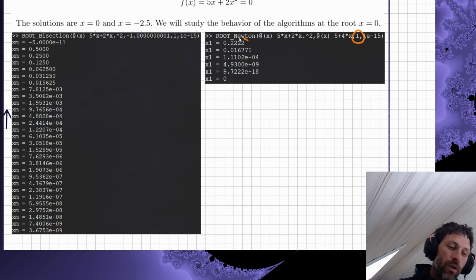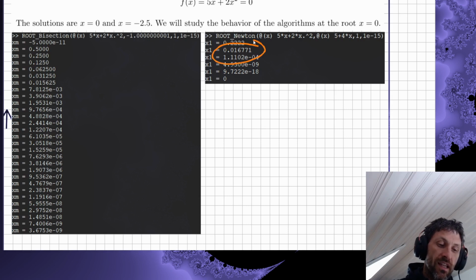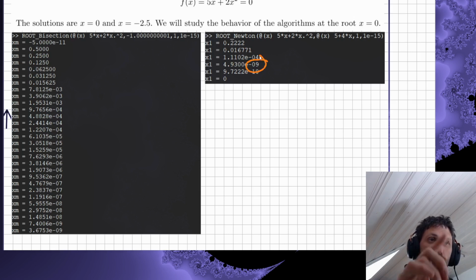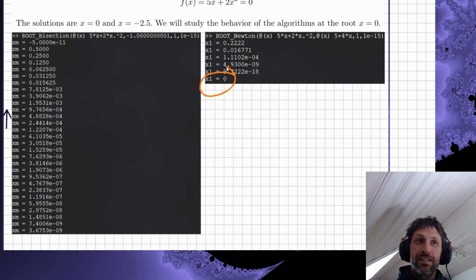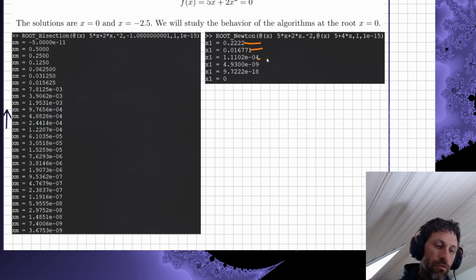Starting with 1, the next point will be 0.222, 0.0167, and then the deviation is 10 to the power of -4, 10 to the power of -9, 10 to the power of -18, which is very close to 0, and the next step 10 to the power of -36, and it's rounded to 0. So after 1, 2, 3, 4, 5, 6 steps, the solution is found exactly.